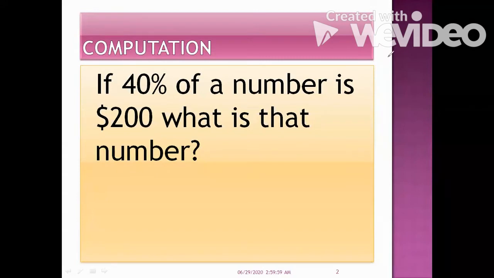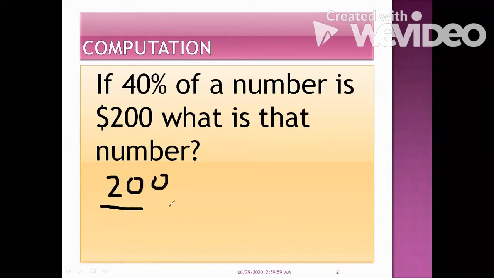So what we're going to do is say 200 over 40, and then multiply that number by 100, and that will give us the answer.